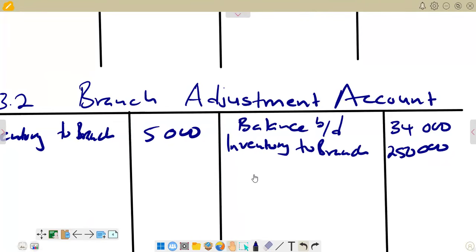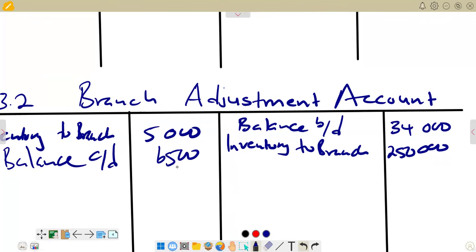It will come on the debit side as our balance c/d. The answer that we got there was 6,500 as our markup. So this is what we have.